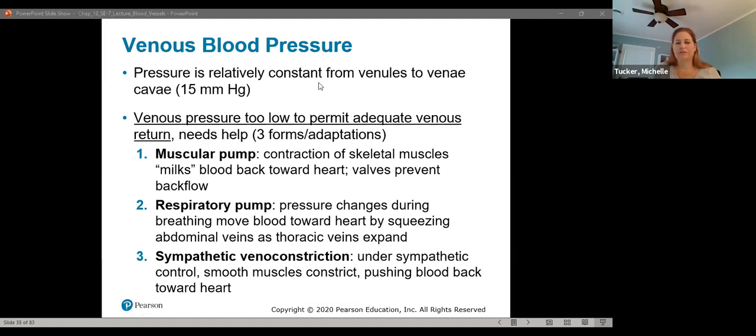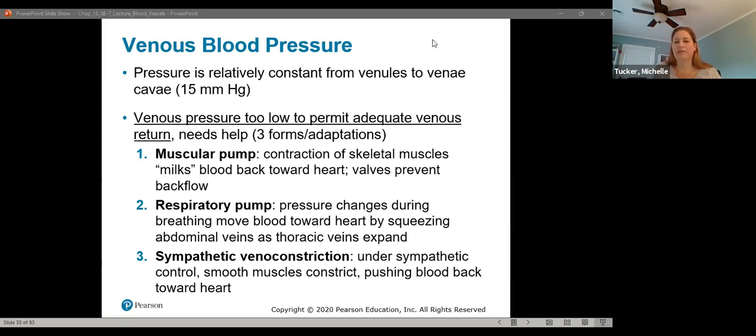Venous blood pressure: the veins are also a low pressure system, and they have two adaptations that minimize resistance to flow. They have a large lumen, so they're going to have a lot of laminar flow, and they have valves.